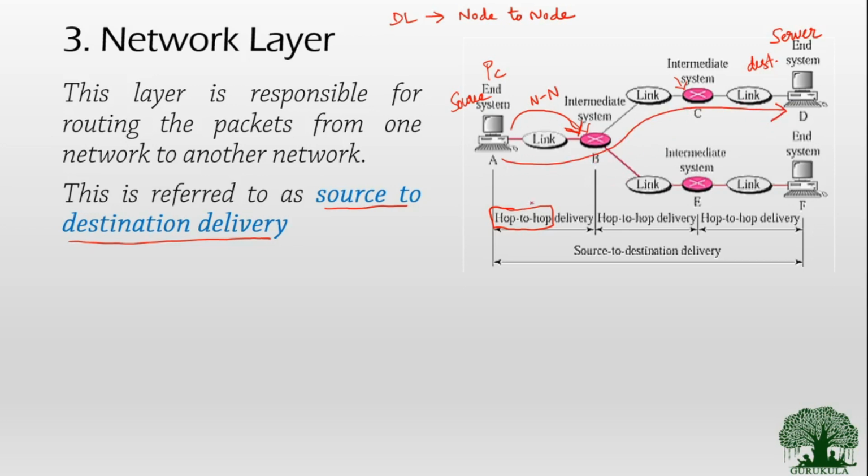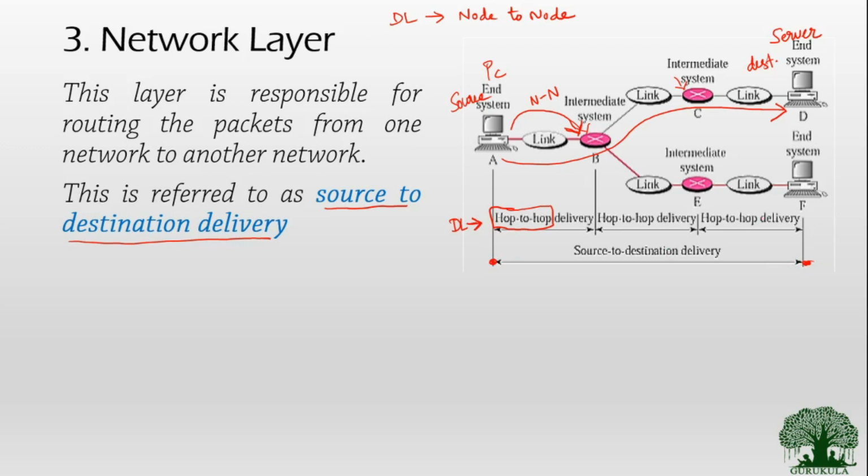My data link layer will take the responsibility of delivering my data to the immediate next node without any error. Whereas your network layer is responsible for delivering all your packets from the source system to the destination system. So that is the primary function of the network layer.